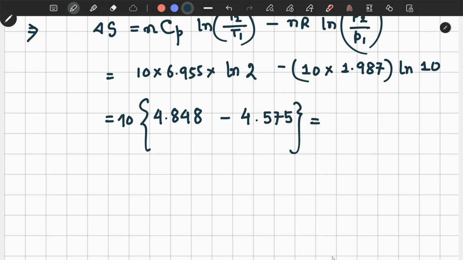I have to see the unit of the CP. In this type of problem, I should see the unit of the CP. Generally it's written whether it's molar entropy or molar heat capacity, but here they have not mentioned. So that's why we check the unit, and there is no per mole.